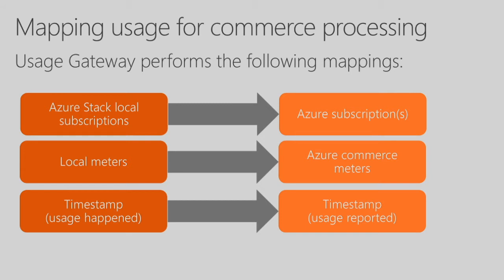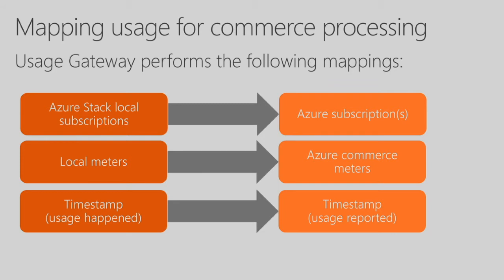Now, that local subscription is specific to Azure Stack. It's not a public Azure subscription. It would not be understood by Azure Commerce. So what the Usage Gateway does is map all the local subscriptions to Azure subscriptions. And we'll talk more about exactly how this happens later in the presentation.